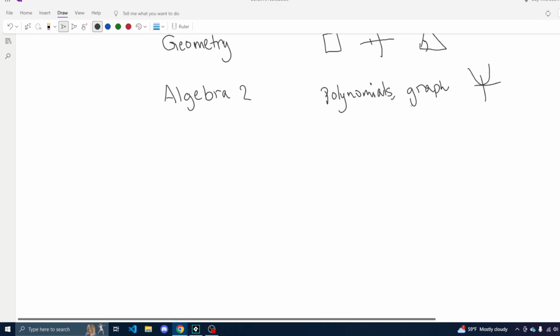Now, after Algebra 1 and then geometry, we can start learning a little more advanced math. And Algebra 2 isn't super complicated, but it is definitely more advanced than everything else you've learned up until this point. And you'll probably see more polynomials, as well as learning how to graph more complicated things like parabolas, and learning logarithms.